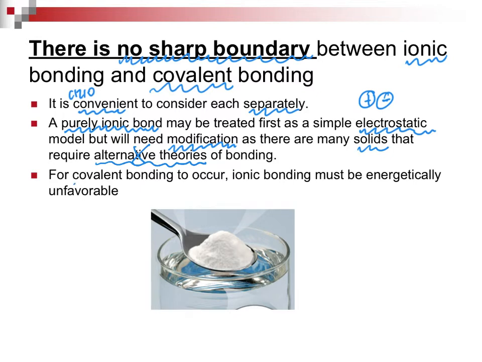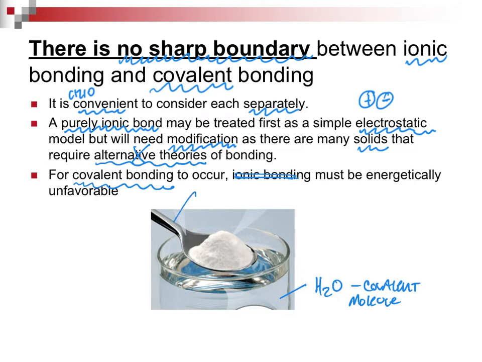So if we're going to now talk about covalent bonding, why does it happen? It's because ionic bonding is not energetically favorable. And I want to show you this picture because this picture represents all three types of bonding. We have water in the container, and that would be covalent because water is a molecule.